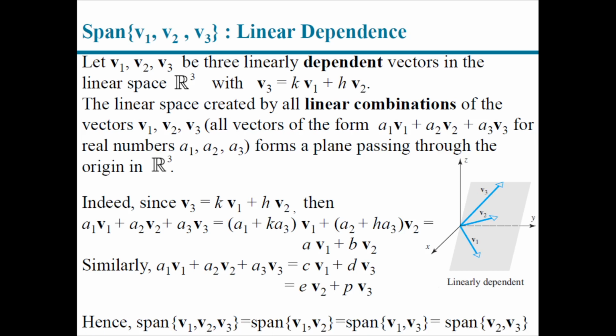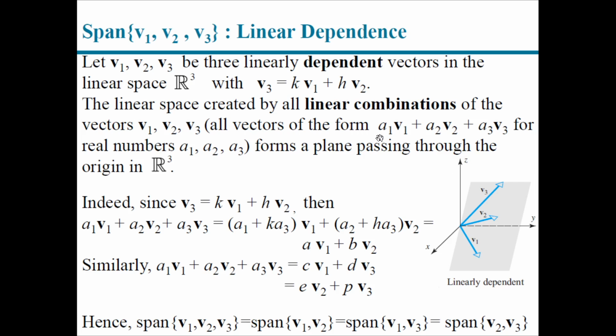In this example, again R3, we have three vectors, and the span of those three vectors is a plane going through 0 again, but this time the vectors are not collinear, but they're still linearly dependent. So let's say v3 is some linear combination of v1 and v2.